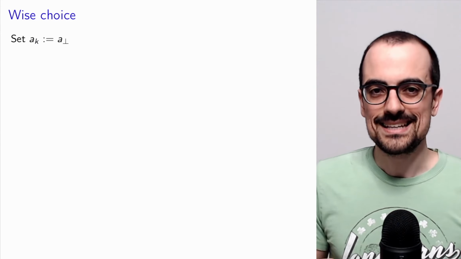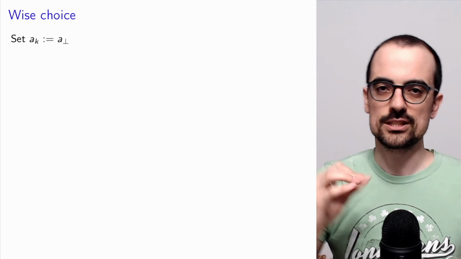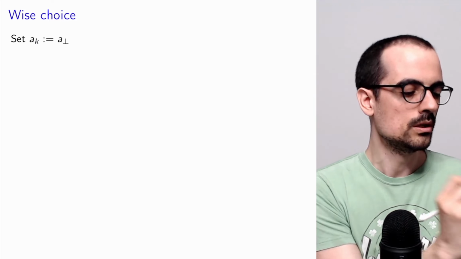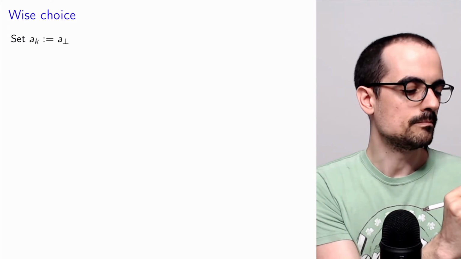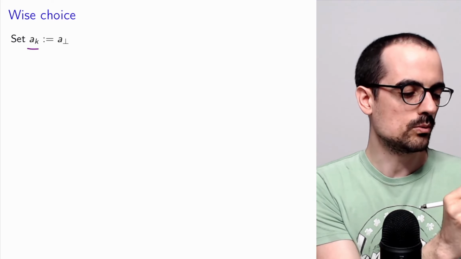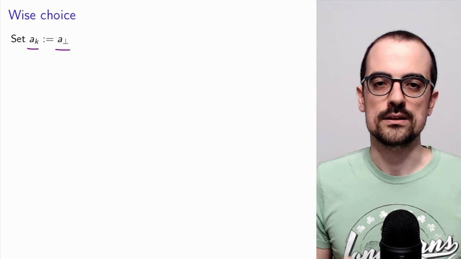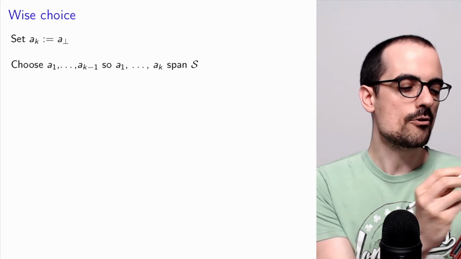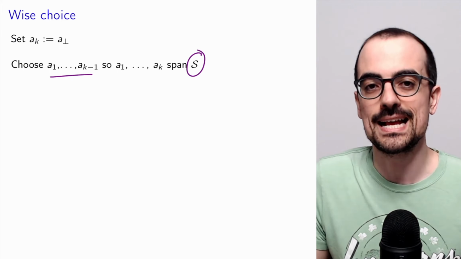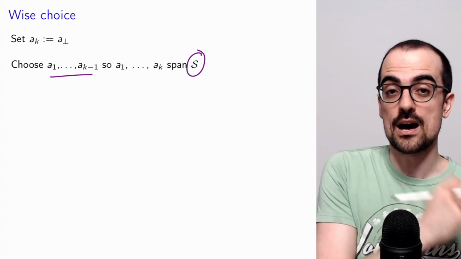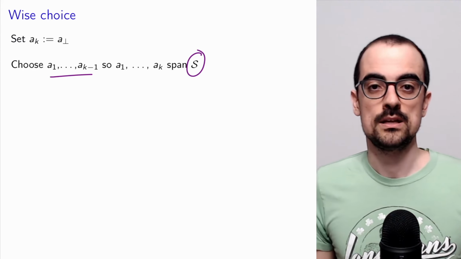So as I said, this wise choice decouples the kth principal direction and the rest, because what we're going to do to build the basis for S is to pick ak to be equal to this a perp that is orthogonal to the first k minus 1 principal directions, and then the rest are going to be picked so that they span S. S has dimension k, so there's going to be k minus 1 other vectors together with a perp that form the subspace.